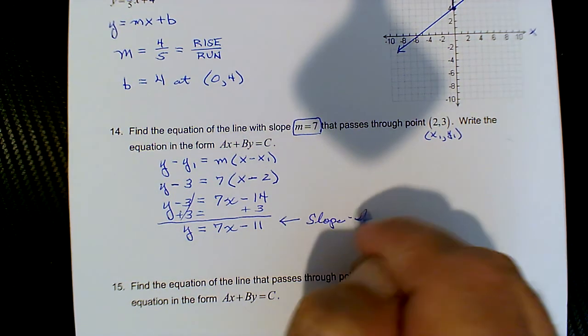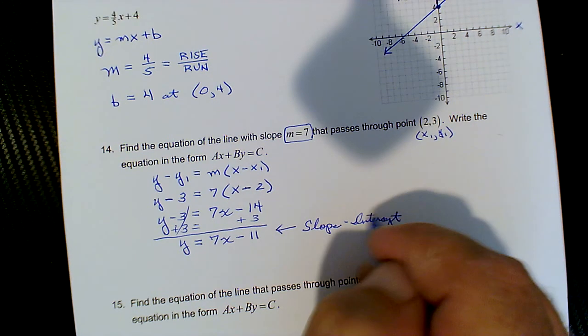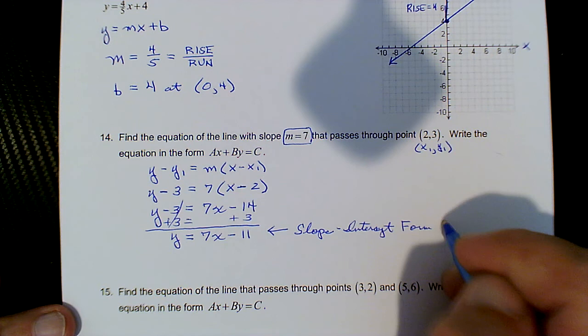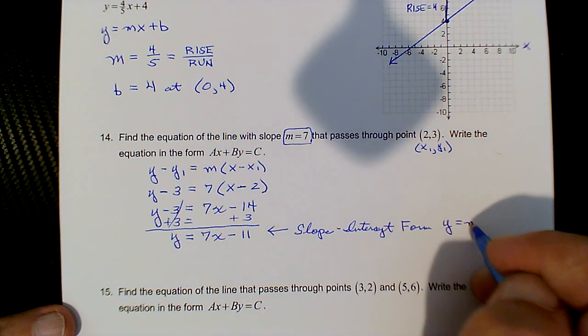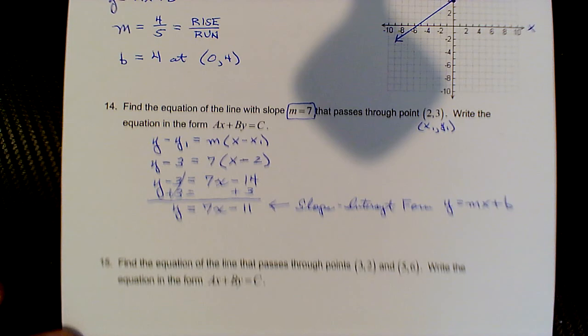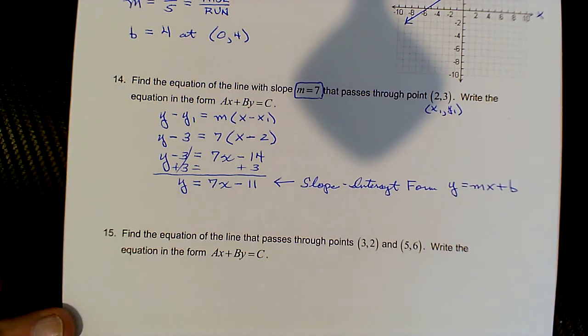Okay, so now we want to find the equation of a line that passes through 2 points in question 15 here. And when given 2 points, the first thing we do is find the slope. And then we're going to use the point-slope form to find the equation of the line.